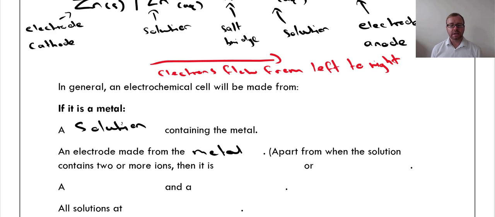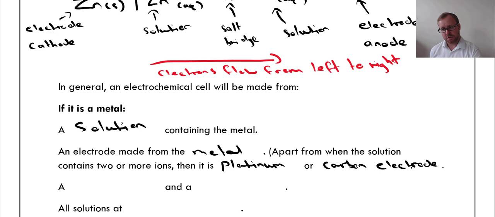But this is only if the solution contains 2 or more ions. Then we use a platinum or carbon electrode. But in general, when you're looking at these electrochemical cells, it's usually just one metal that you're measuring, which has one ion involved. So it will be that metal, but just be aware.